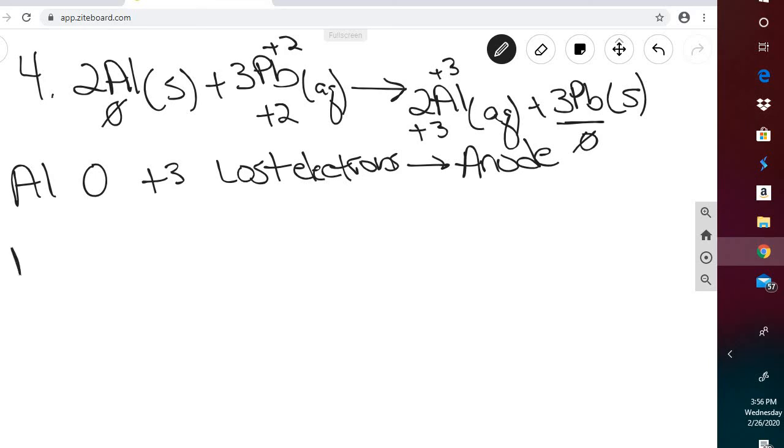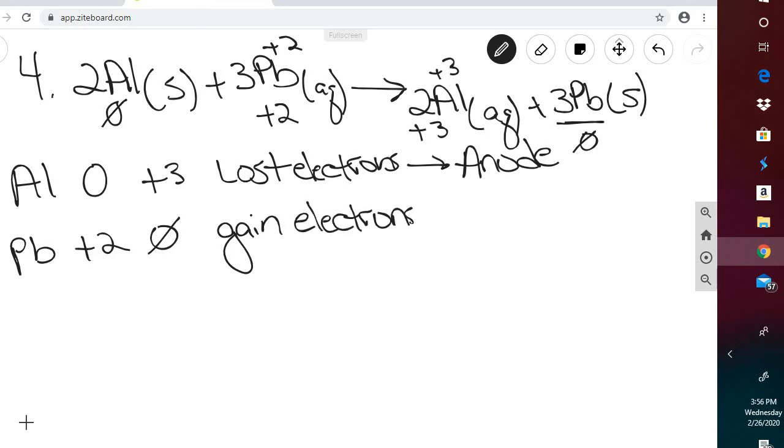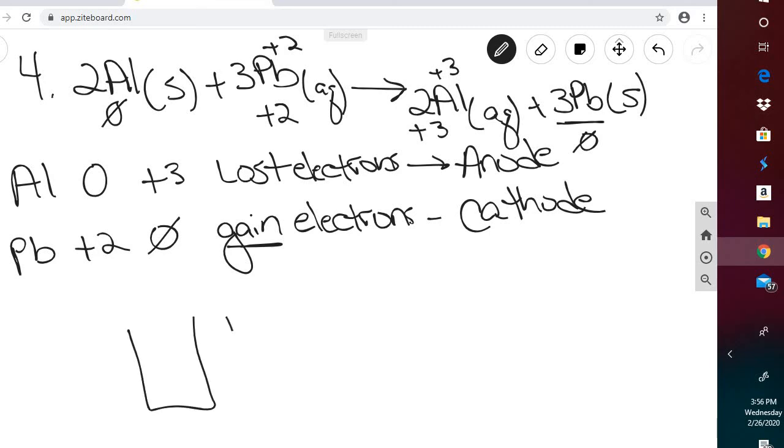And the Pb, which is lead, went from +2 to 0. So it had to gain electrons to do that. And so the electrons are going to flow from the anode to the cathode. So the lead will be the cathode. Okay, so then it's just a matter of drawing your containers.